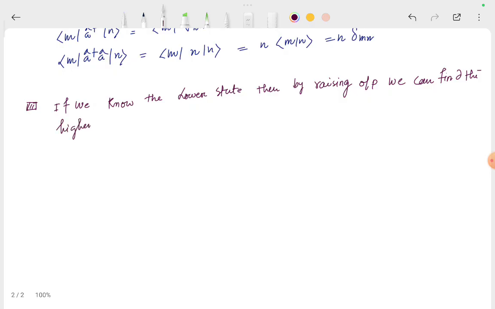Exactly. We already know that when the raising operator acts on the n state, the state is increased by 1 unit, right? So if we know the lower state, then by raising operators we can find out the higher state. So we prove that.